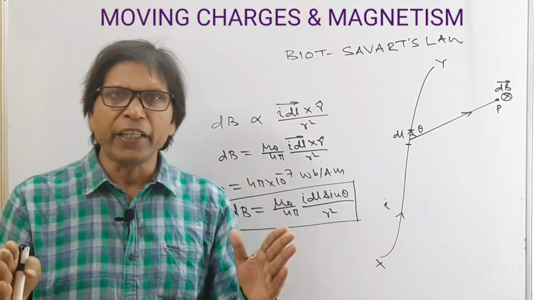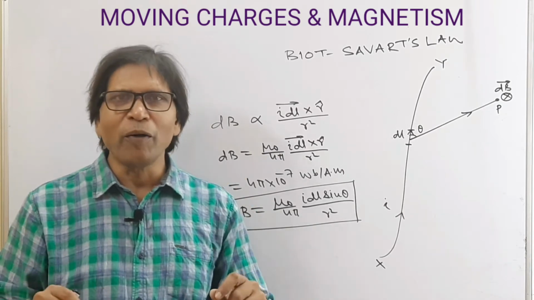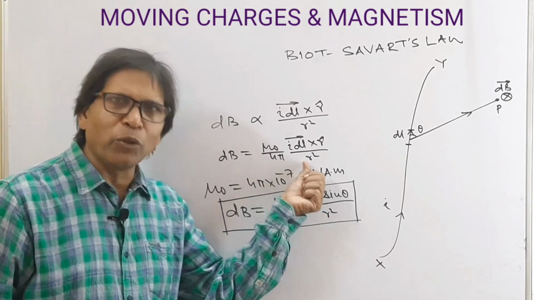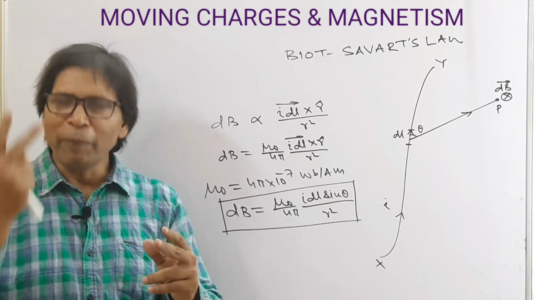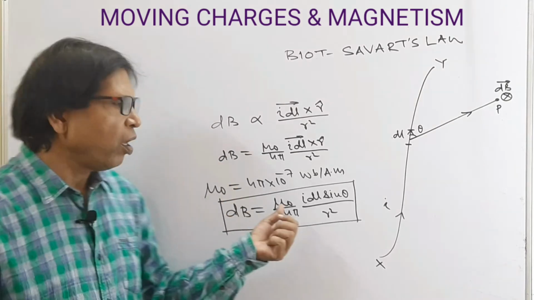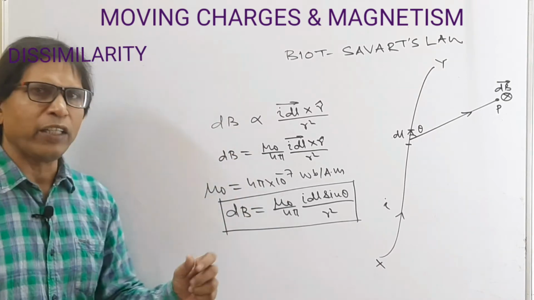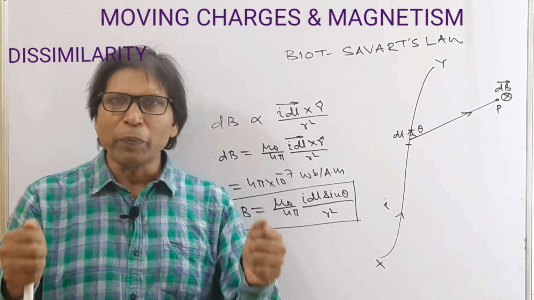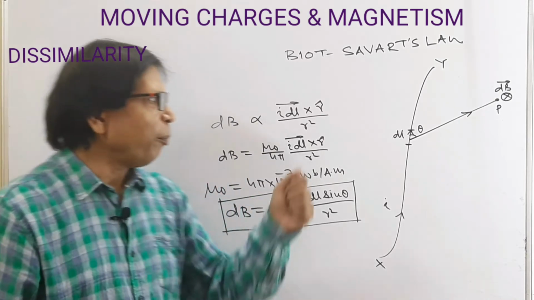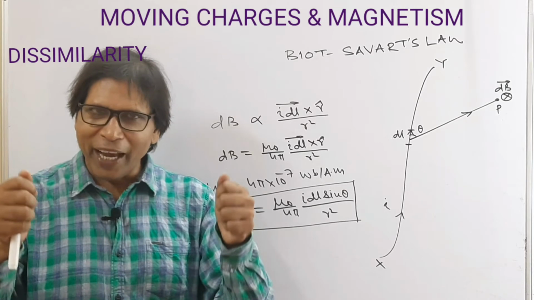Now, similarities of Biot-Savart's law for magnetic field and Coulomb's law for electric field. Number 1, both are inversely proportional to the square of distance. Number 2, both are long range. Number 3, both obey the principle of superposition. Now the differences. The electric field is produced due to a scalar source, that is charge, whereas the magnetic field is produced due to I dl, which is a vector source.